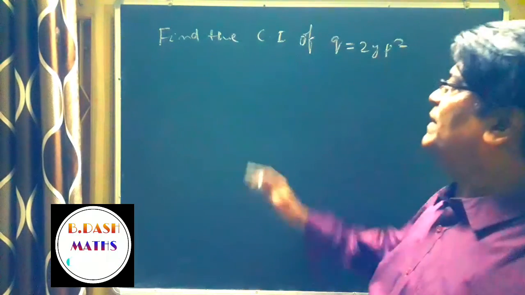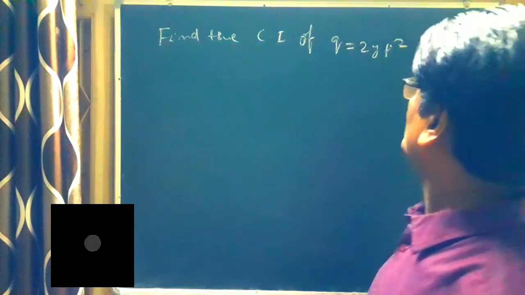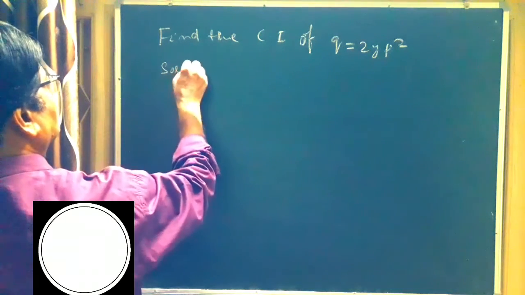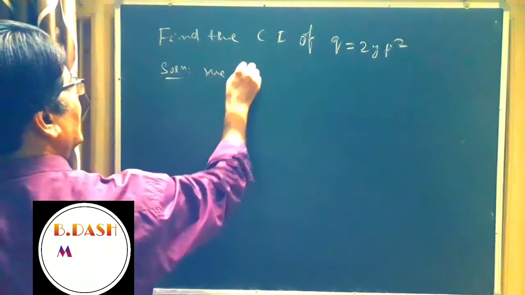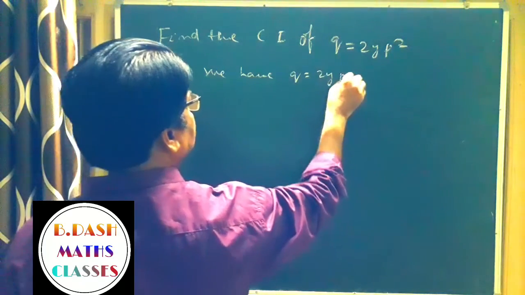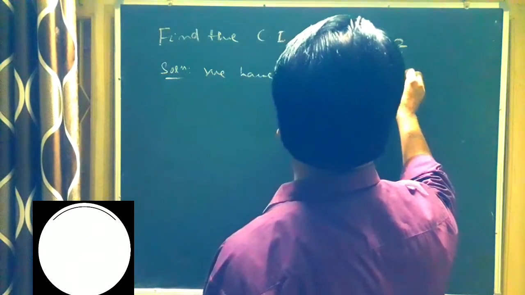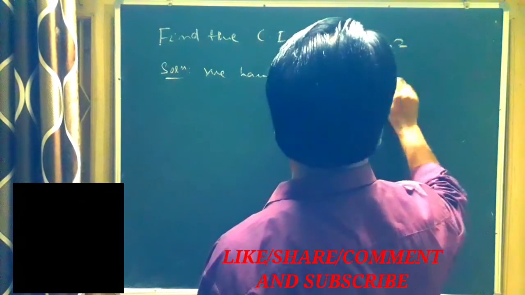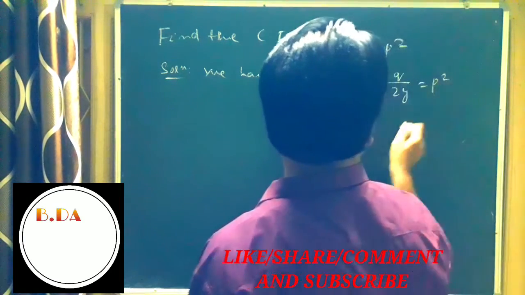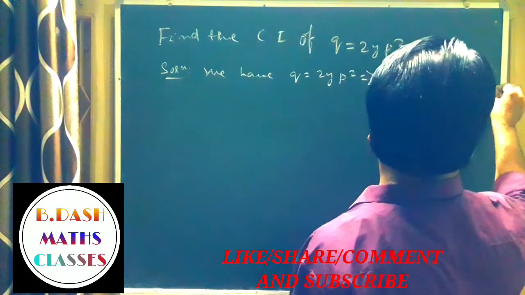Our next problem is: find the complete integral of q is equal to 2y p square. Solution. We have q is equal to 2y p square. This implies q by 2y is equal to p square is equal to a, say a constant.